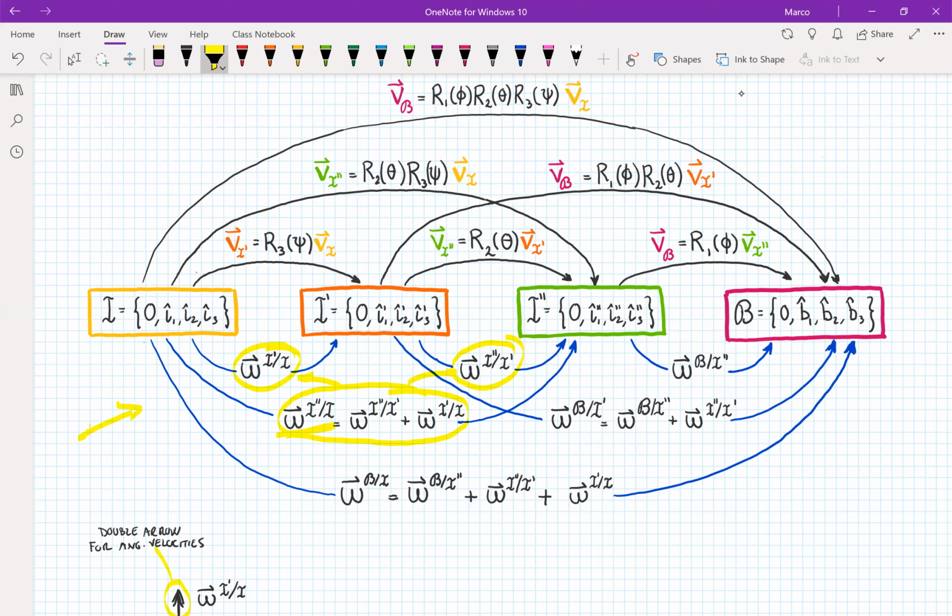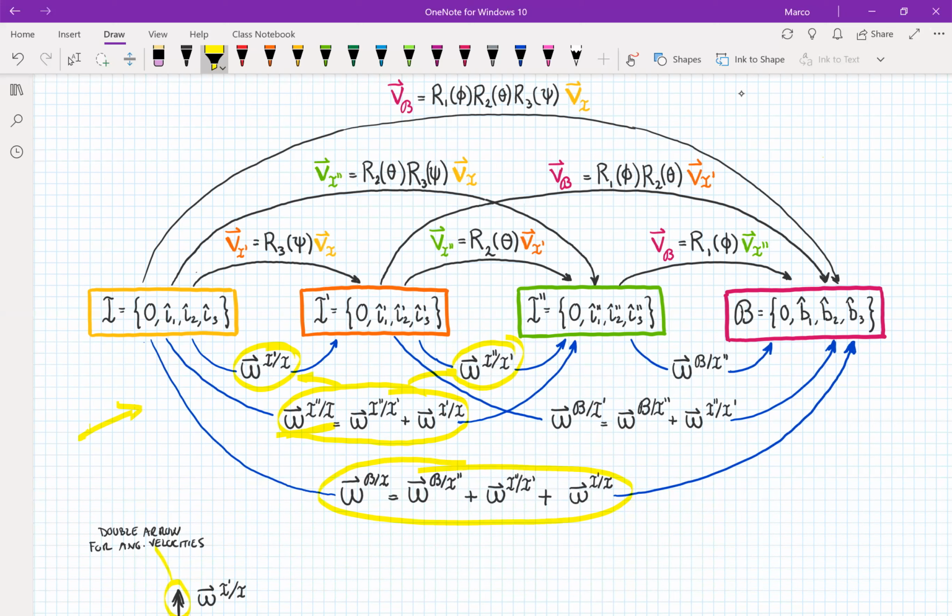And so you can proceed in a similar way for going from any reference frame to another. So of course, we have the general case.